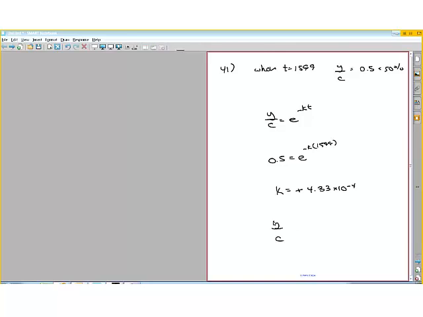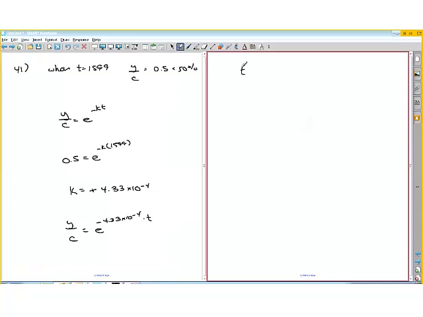So we know that Y over C is equal to e to the minus 4.33 times 10 to the minus 4 times T. This gives us the decimal equivalent of the percentage. To get the solution for this, all we have to do is plug in T equals 100 years. So Y over C is equal to e to the minus K times T, which is 100 in this case.